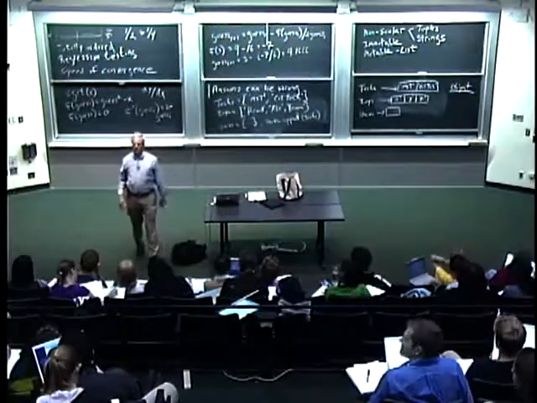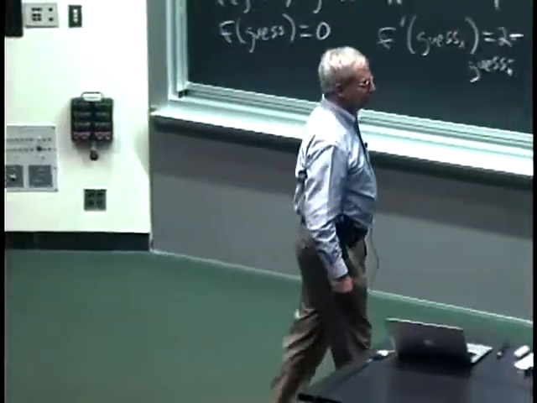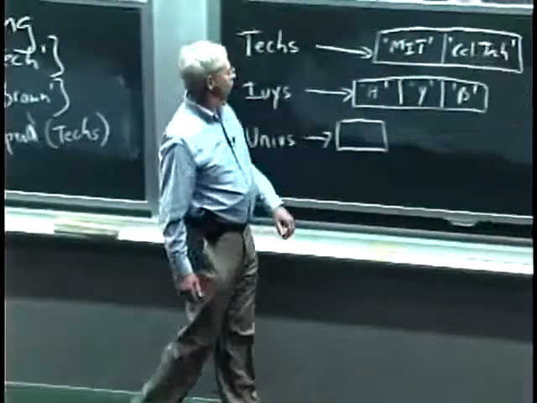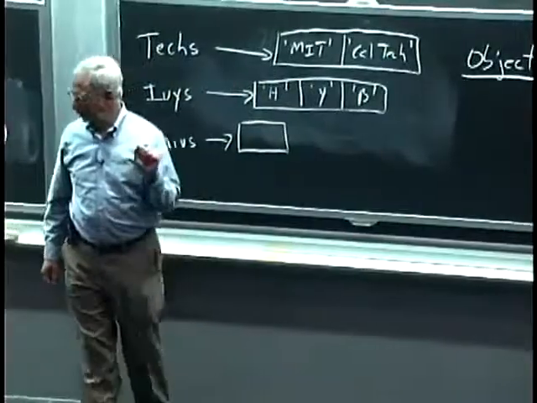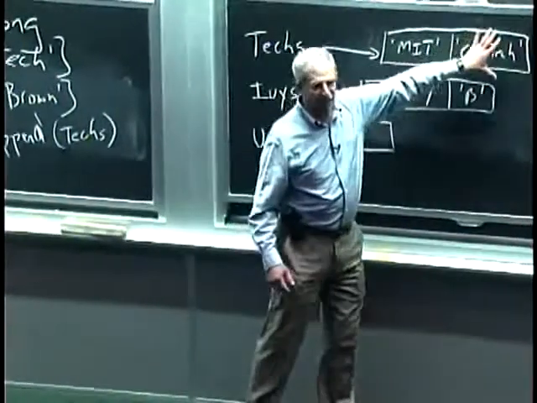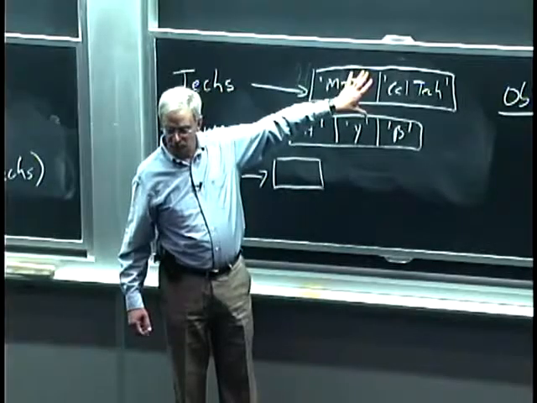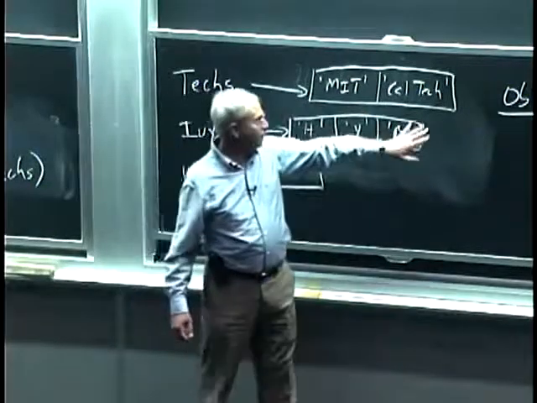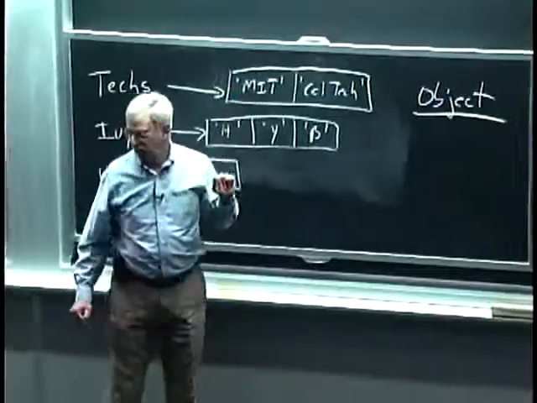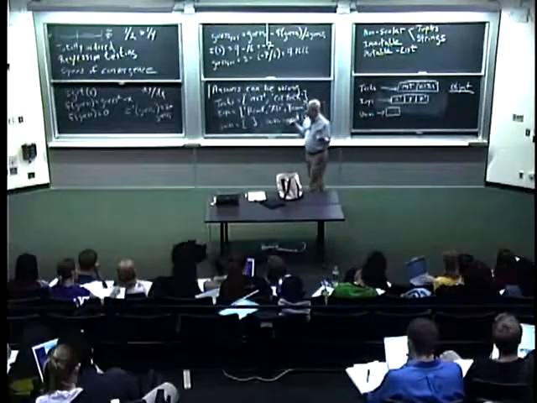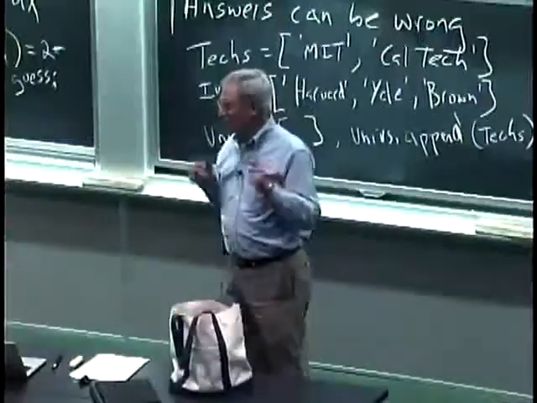What I've appended to the empty list is not the elements MIT and Caltech, but the list that contains those elements. So I've appended this whole object. Since that object is itself a list, what I get is a list of lists.